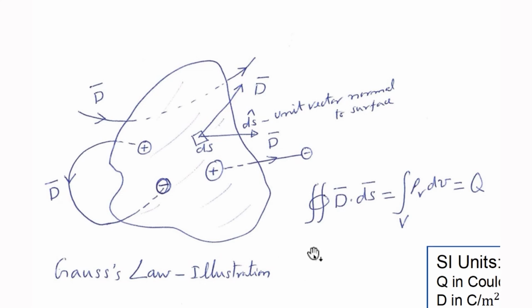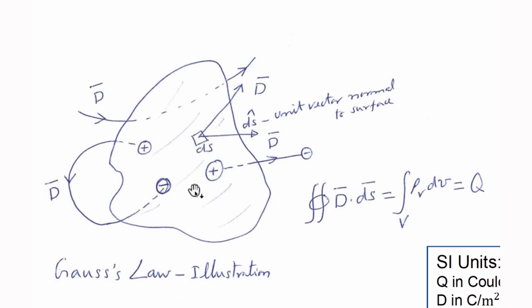Now what Gauss' law is stating is that the total electric flux density coming out is equal to the charge contained within that closed surface. That is, you are summing up all the electric flux density lines multiplied by small elemental area.